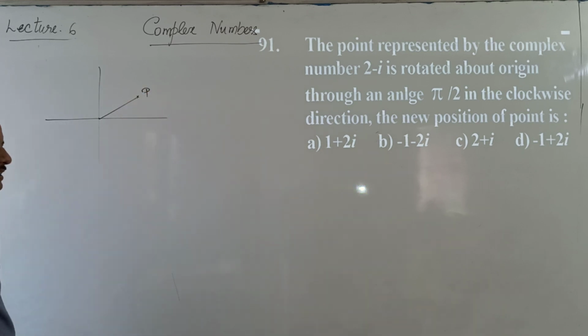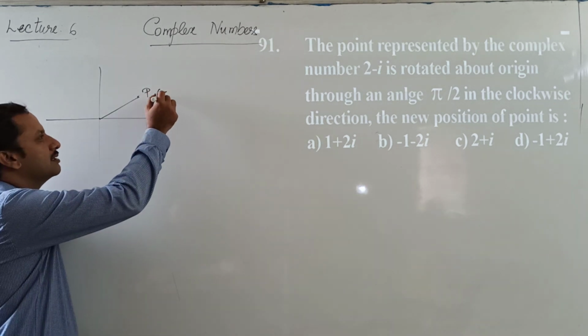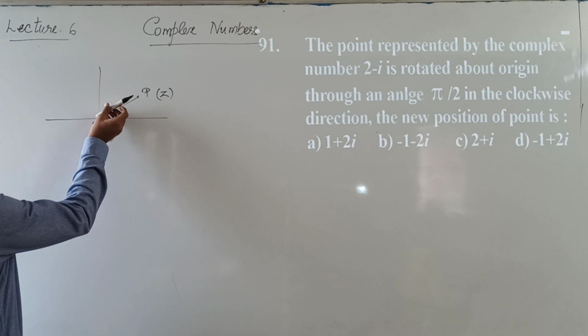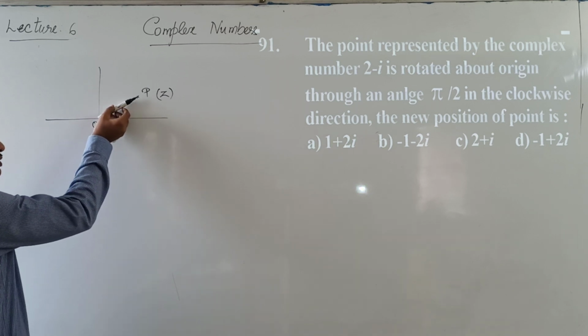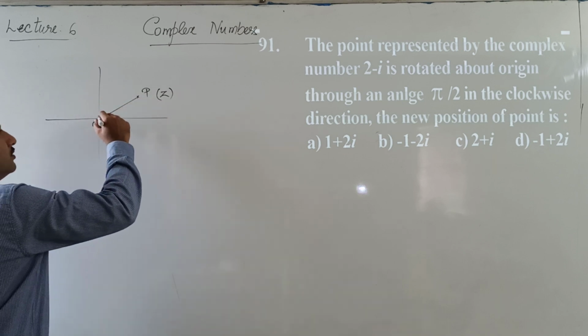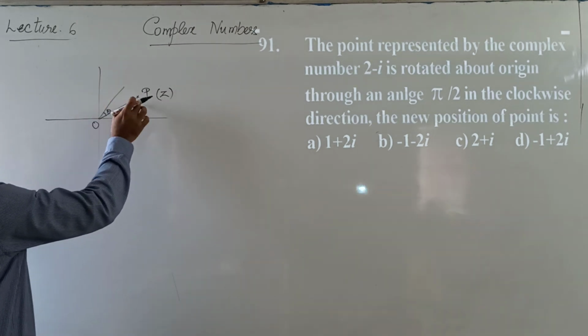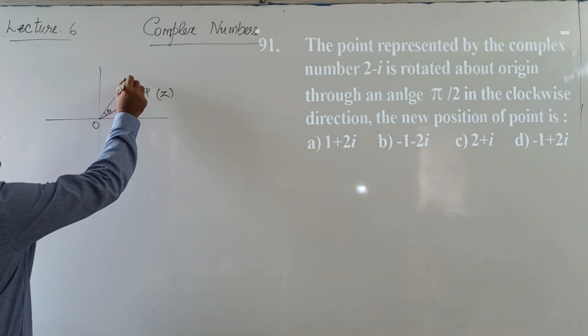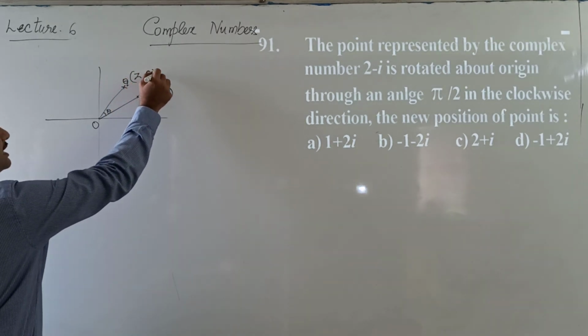Say choose a point P. This point P represents a complex number, let us say a complex number z. Then we are rotating this point P through an angle theta in the anti-clockwise direction. Then this point is given by z into cis theta.